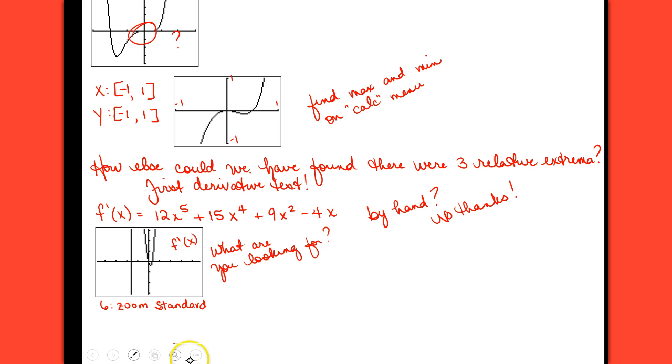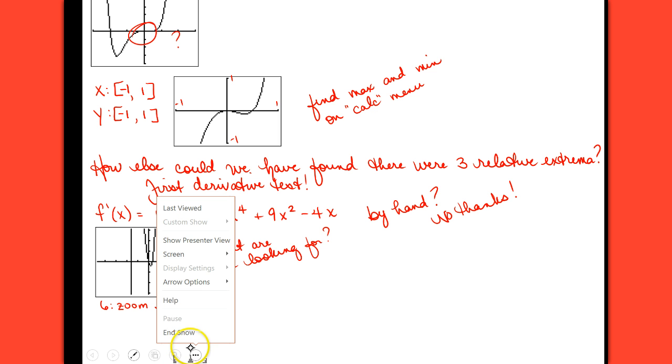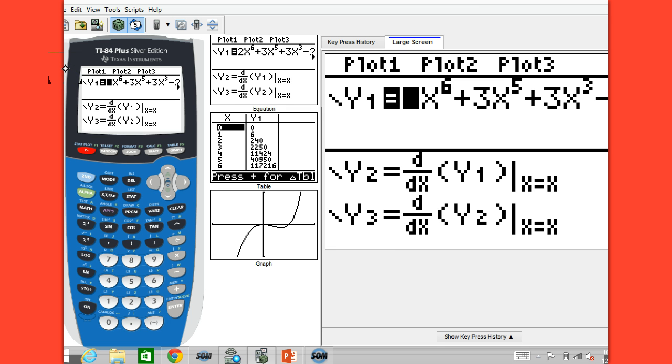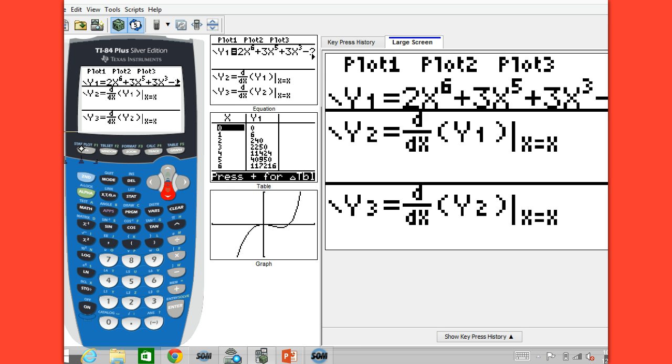Let's catch up a little bit on our calculator with what we've been doing here in our notes. All right, so I'm going to go to y equals, and I most definitely could type in the first derivative equation. But remember that I can get my calculator to do that for me, particularly if it's a complicated thing.